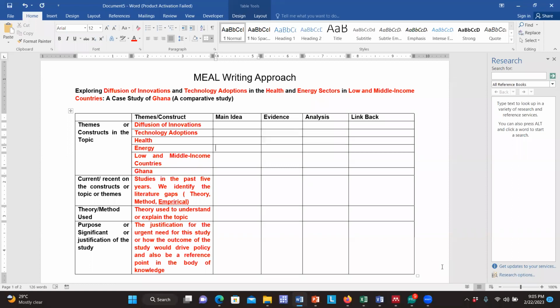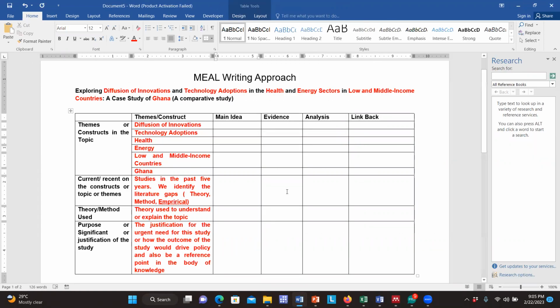Someone brings the main idea, then does the analysis, and then brings the evidence before the link back. So it is not structured like 1, 2, 3, 4, but it's a general idea you need to tap into.